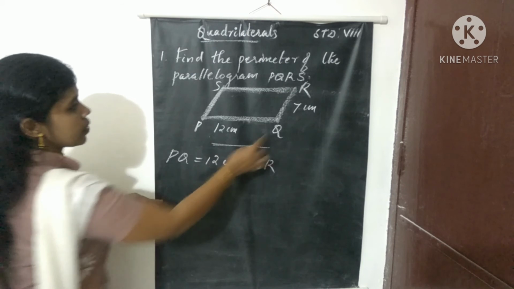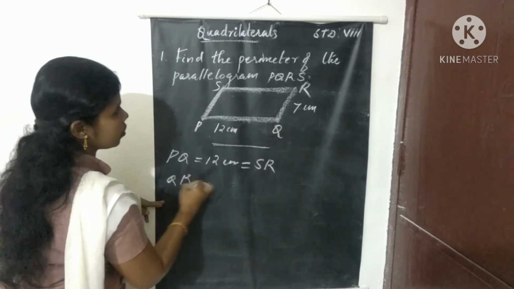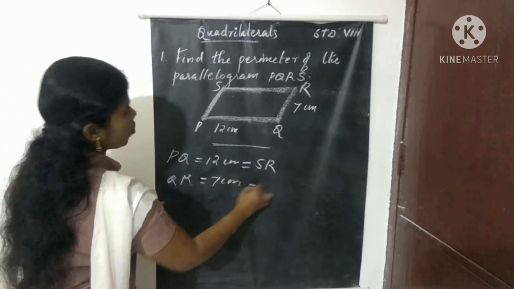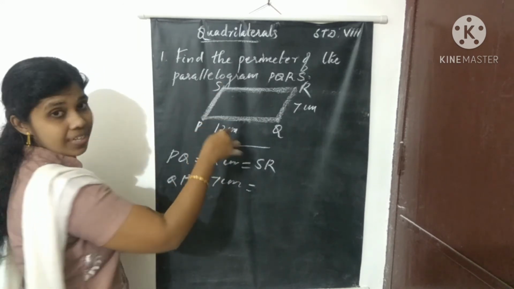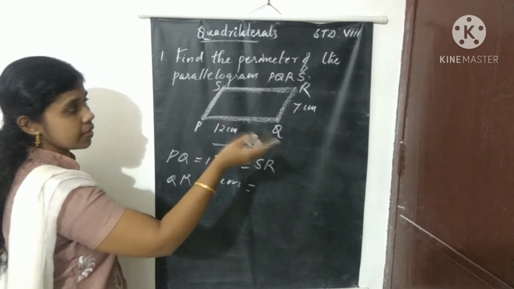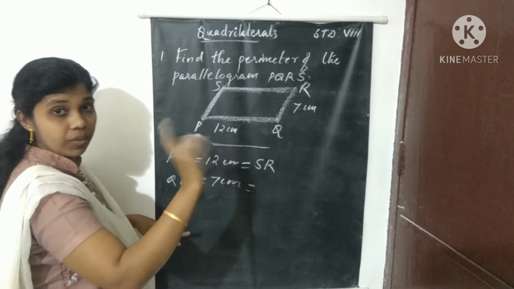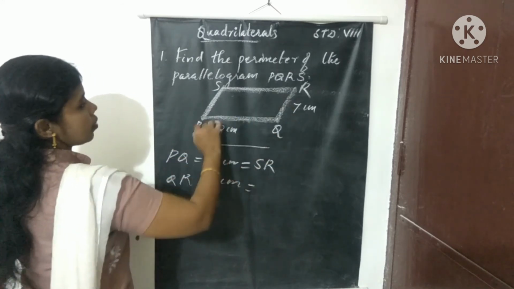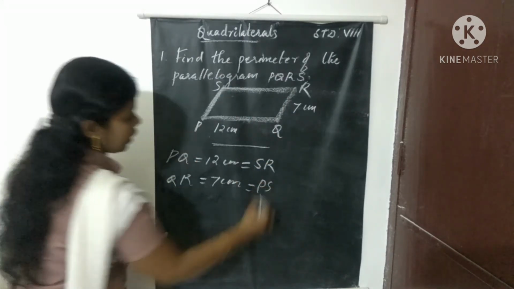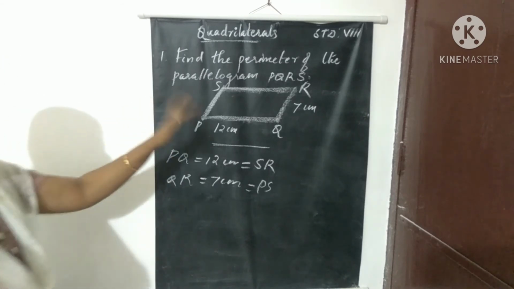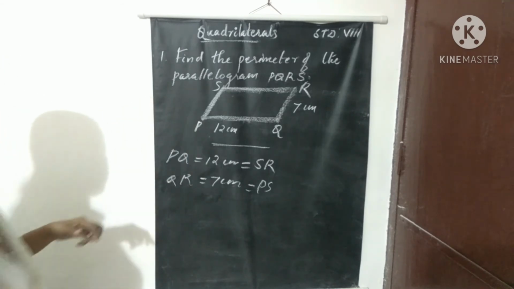Also given QR equal to 7 centimeter. Opposite sides are equal in a parallelogram, so QR equals PS.